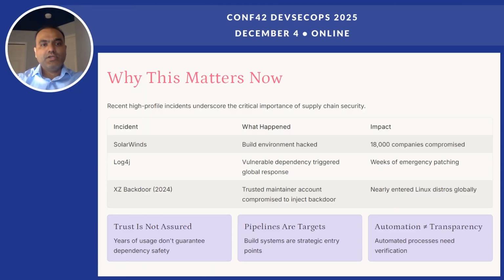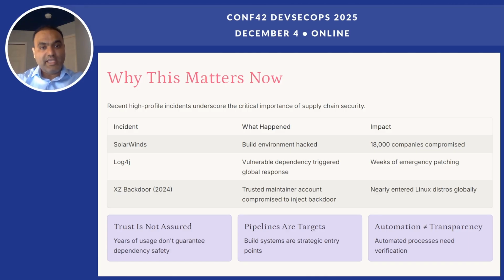Recent incidents show us why supply chain security is urgent. SolarWinds wasn't an application vulnerability, it was the build system itself being compromised. Log4j wasn't a failure of application code, it was a failure of visibility into the dependencies. And the XZ backdoor showed us that even long-term open source maintainers can become attack vectors.